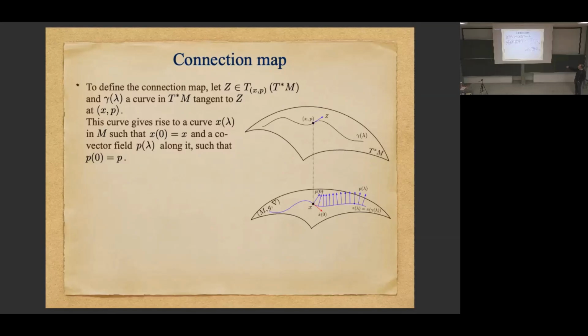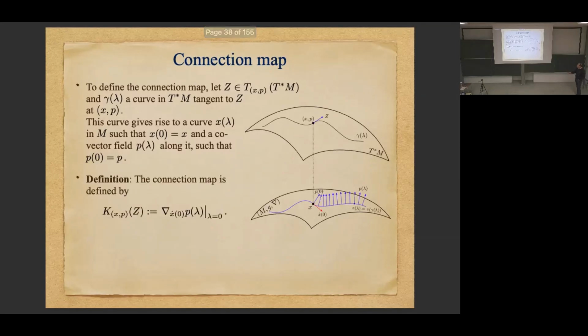So I can look at this curve as a curve (x(lambda), p(lambda)), where x(lambda) is a curve in M, and at each point x(lambda), p(lambda) gives me a covector. So you can imagine a covector field along this blue curve. And when lambda is 0, x(0) is x and p(0) is p.